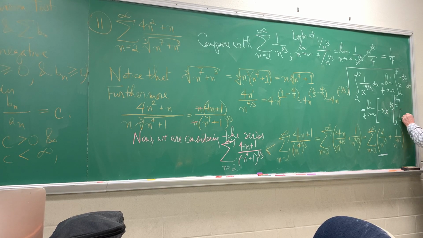So I've got negative 3 times 1 over x to the 1/3, evaluated from x equals 2 up to t.